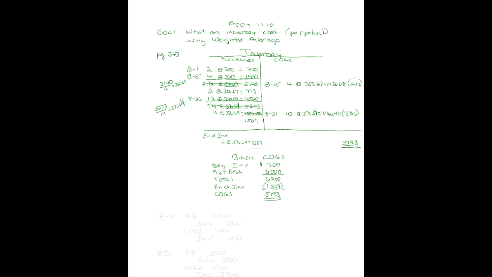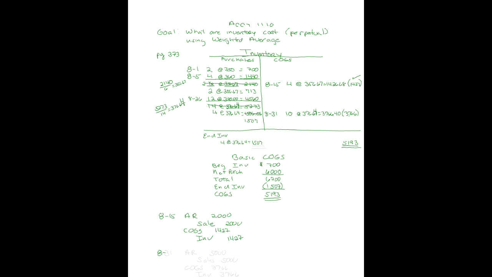Perfect. What does that do to our journal entries? Well, on 8/15, we recorded a sale on account in the amount of $2,000, and the cost of goods sold from that sale and the amount we removed from inventory was $1,427. This is where the rounding kicked in. Sure you do that on your homework.